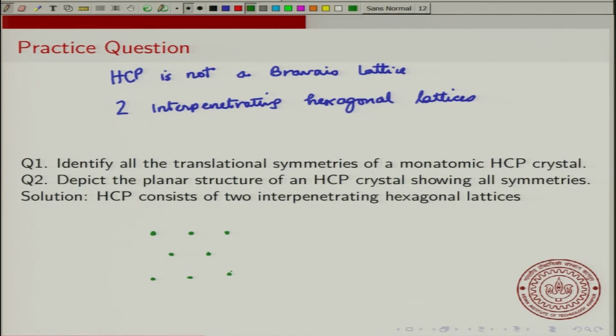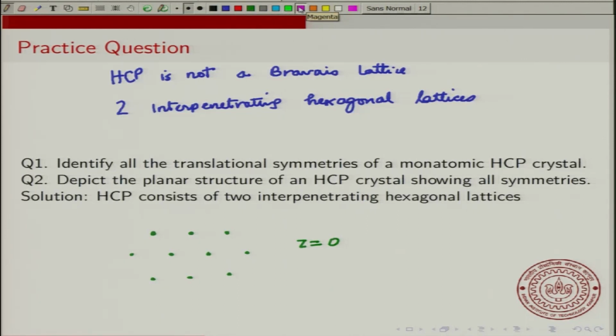So this would be a hexagonal lattice, and you can imagine this is at z equal to 0, and it will be at z equal to 0 and at z equal to 1 and so on.